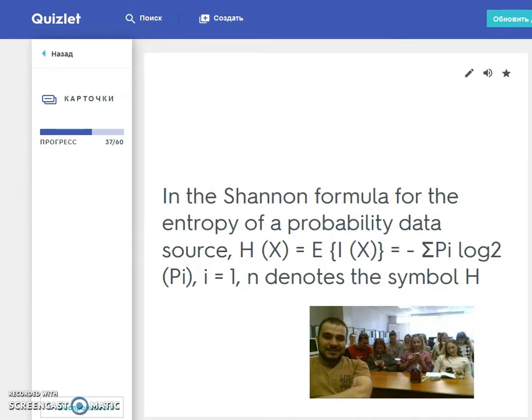In the Shannon formula for the entropy of a probability data source, H(X) equals E[I(X)] equals minus the sum of Pi log base 2 Pi, what denotes the symbol H? The symbol X?